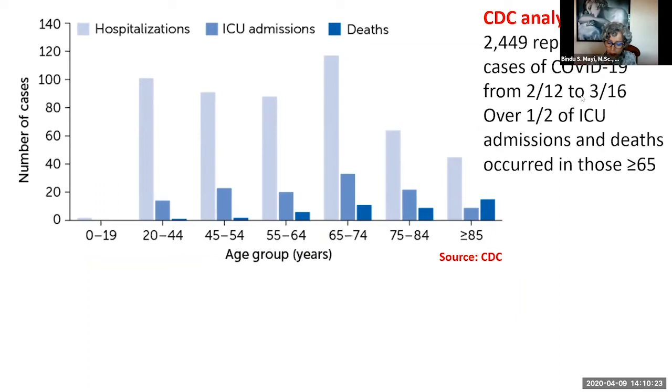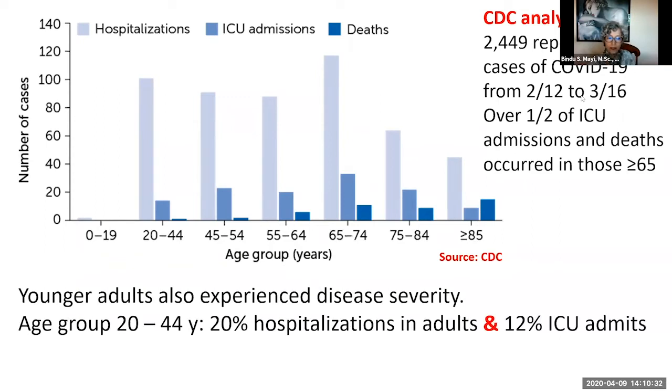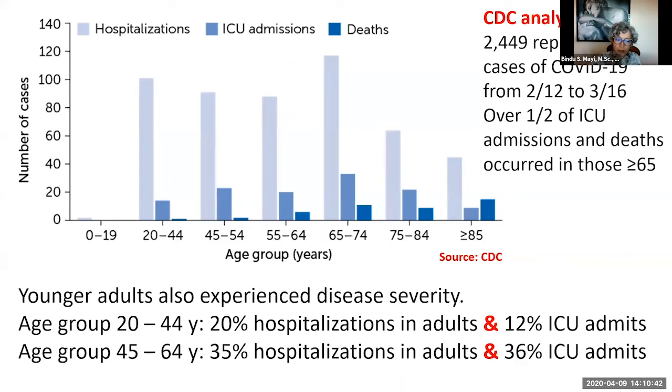It aligns with what we've seen elsewhere as well. But in addition, we saw that younger adults also experience disease severity. So for instance, age group 20 to 44 years of age contributed to 20% of hospitalizations and 12% of admissions to the ICU. 45 to 64 made up 35% of hospitalizations and 36% of admissions to the ICU.